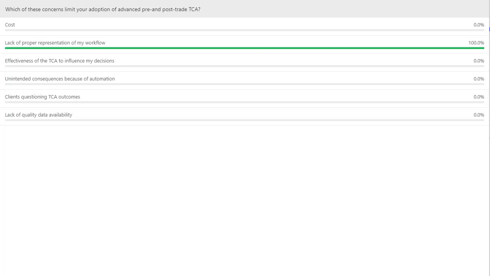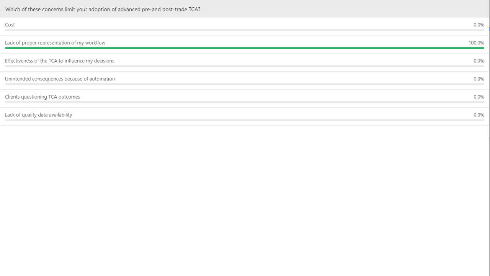Okay, I see 100% at lack of proper representation of my workflow. I was actually planning to ask Michael to comment on the second poll. Maybe we can add a couple of details to that one in this round.